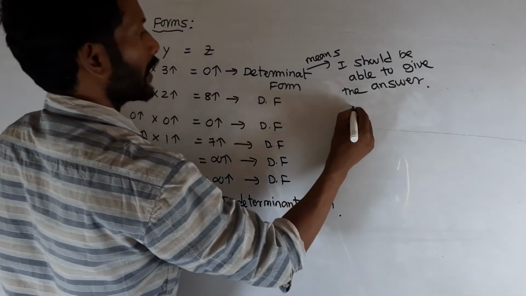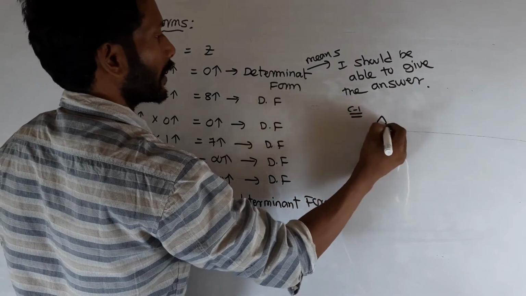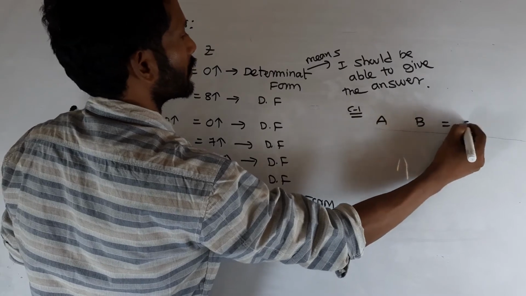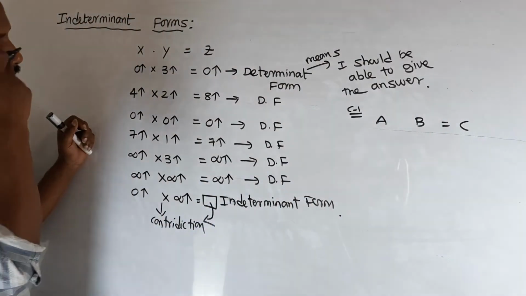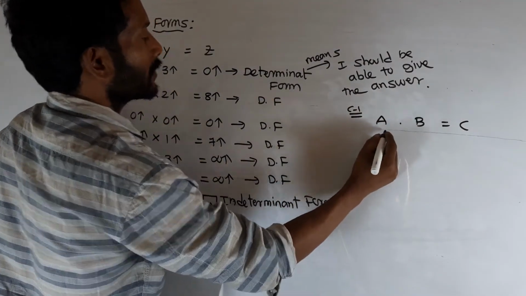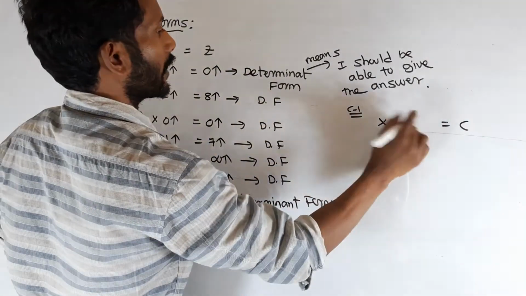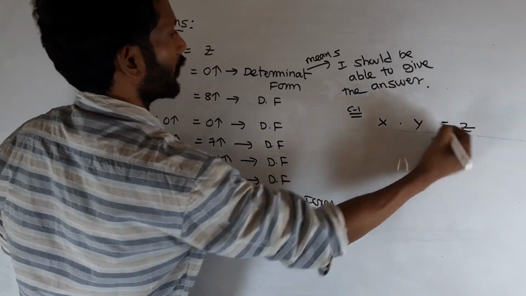For example, case 1: A into B equals C. So x is x, y, z.